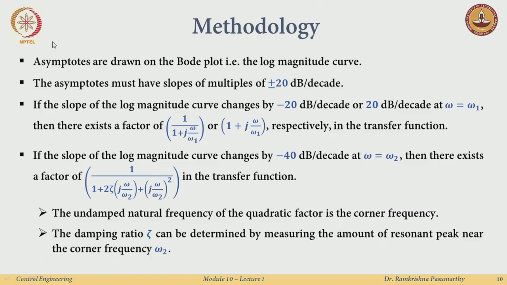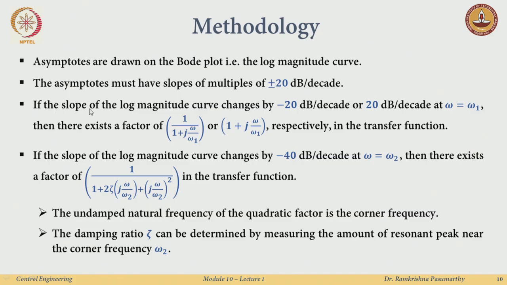Okay, so first we will just recollect Bode plots. So, this is just recollecting Bode plots in a reverse way, right. So, first I just draw asymptotes of all the Bode plots, and well, all these asymptotes must be multiples of plus minus 20 dB per decade, depending on if it is a pole, if it is a 0, if there are multiple poles, multiple zeros and so on.